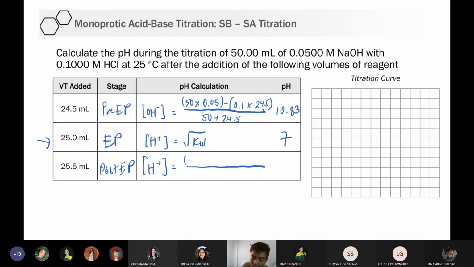Titrant muna kasi siya yung sobra. Times 25.5 minus analyte 50 times 0.05 divided by 50 plus 25.5.